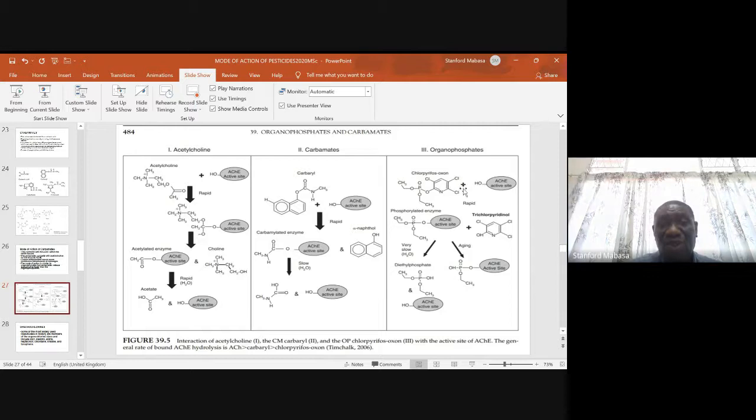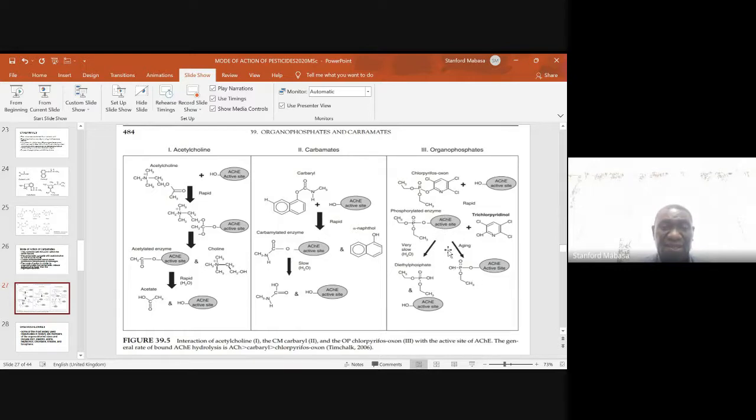It's even slower when you are talking about organophosphates, which are combining with this enzyme. So after this union, the breakdown is a bit slow, or it may be almost permanent.